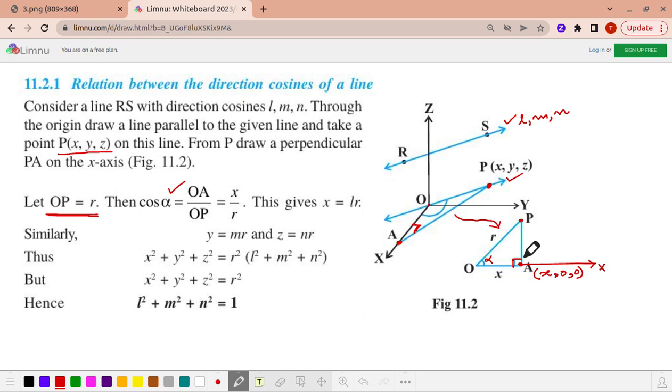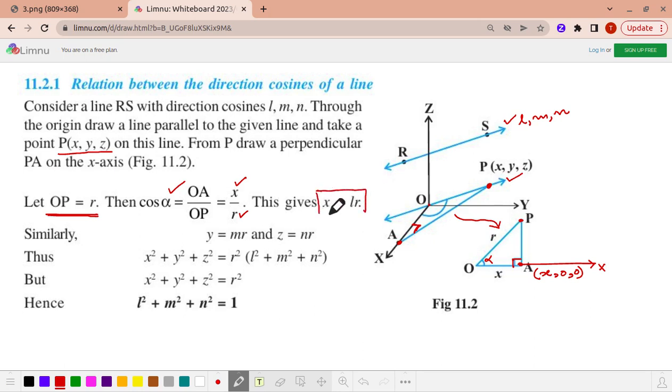So obviously OA should be x, and OP is R. So we get cos alpha equal to x by R, or x equal to R cos alpha, and we know cos alpha is nothing but L, so x equal to L into R.